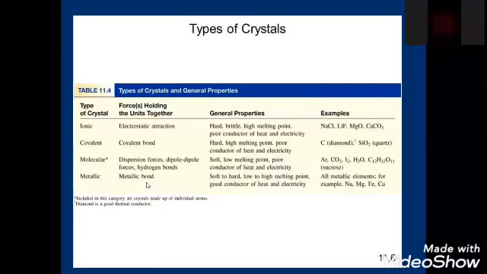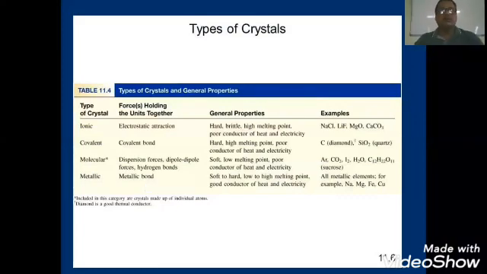So in case of crystalline solid, the particles are held together by different types of force, and the different types of force will depend upon the particles. If the particles are ions, for example in sodium chloride or lithium fluoride, these are ionic compounds, and the force between the particles is electrostatic attraction, that is the Coulomb's force.